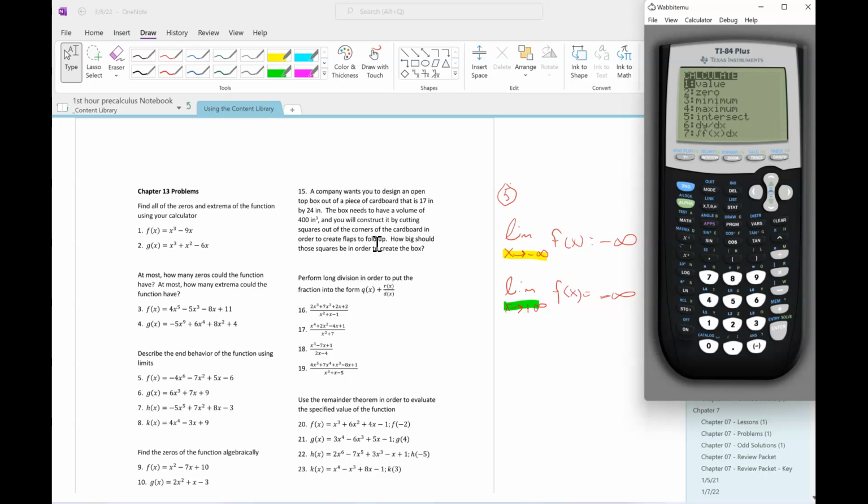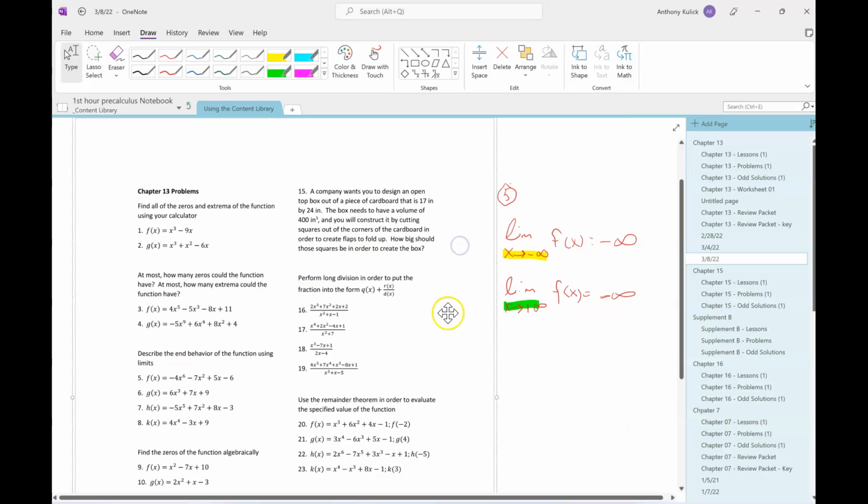Then how would you do like 5 through 8? So I did 5 here just a moment ago. Since I noticed 5 through 8 are all polynomials, I know that they just have an arrow at the left end and an arrow at the right end. So the left end is negative infinity and the right end is positive infinity. So I can just write this part right off the bat.